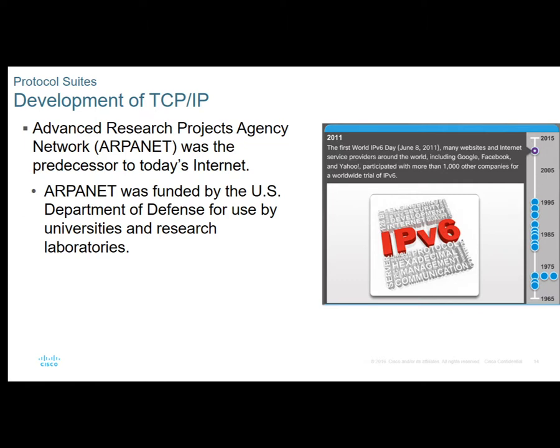On the first World IPv6 Day, June 8th, 2011, many websites and internet service providers around the world, including Google, Facebook, and Yahoo, participated with more than 1,000 other companies in a worldwide trial of IPv6. Because those 1,000 companies tried out IPv6, it was pretty successful.